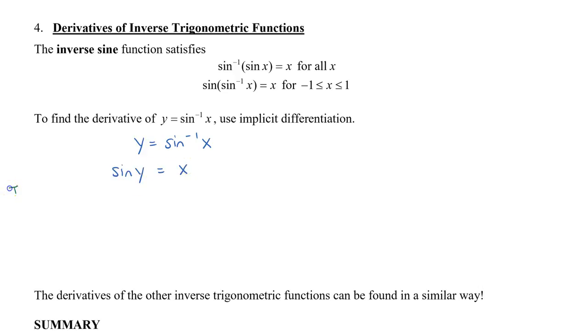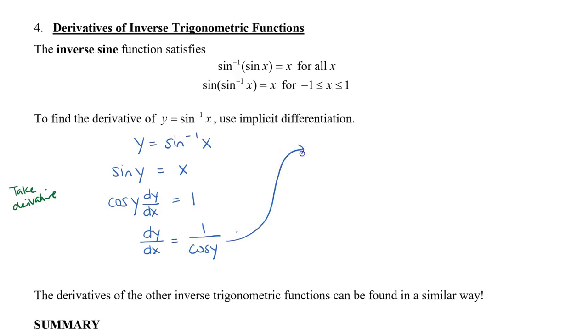Now we're going to take the derivative of both sides. Because we have y on the left with sine, the derivative is cos y times dy dx, because we need to use implicit differentiation. And this equals 1. Isolate dy dx, and I get 1 over cos y.